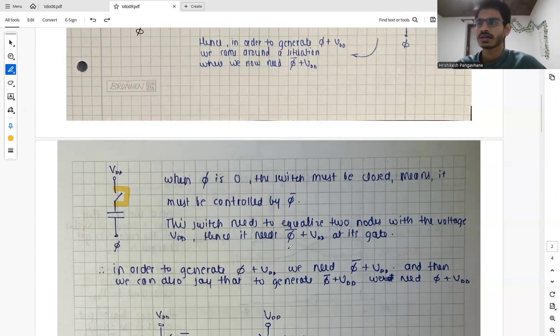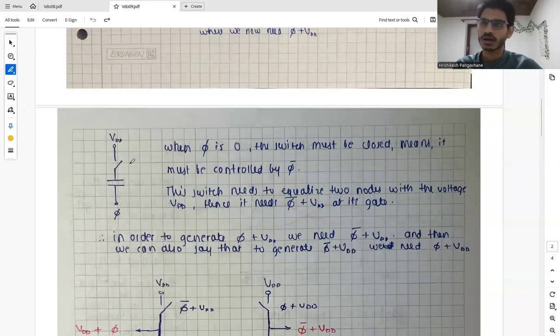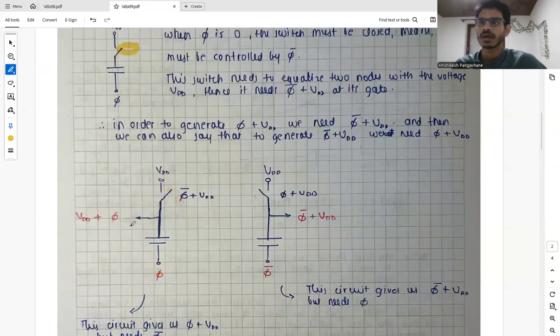Hence, it needs phi bar plus VDD at its gate in order to switch on. So in order to generate phi plus VDD, at this gate we need phi bar plus VDD.